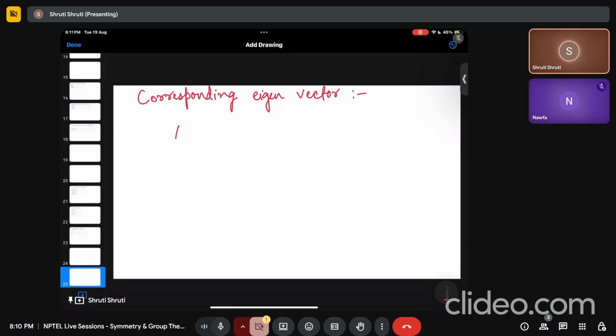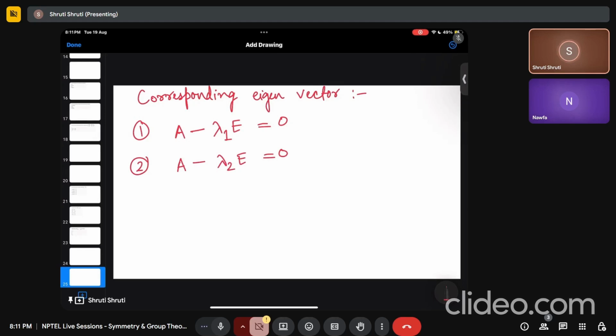You write A minus lambda. So now you have found the values of lambda, like eigenvalues you know. So this is the first eigenvalue, so this will give you the first eigenvector. The second eigenvector will be A minus lambda 2 times x equals to 0. This will give you the second eigenvector.